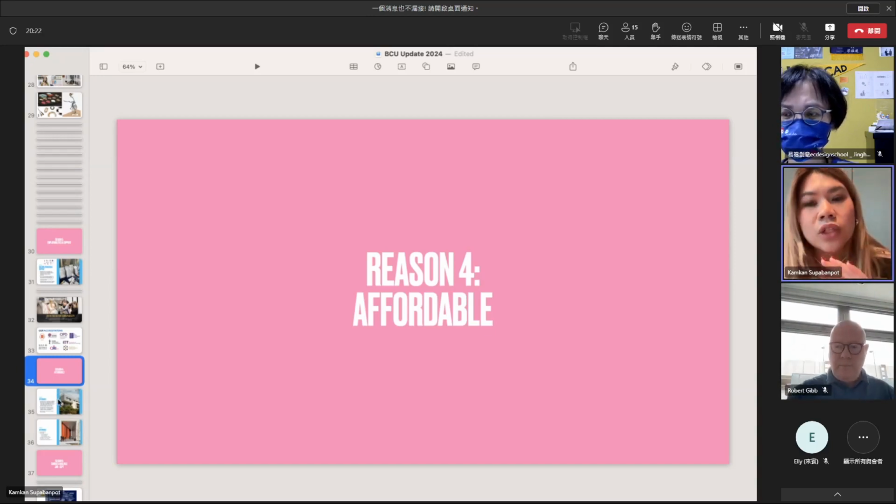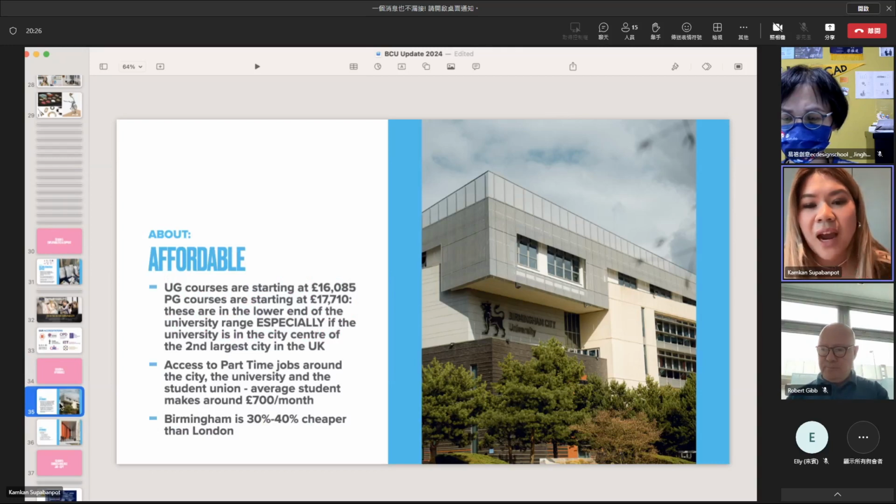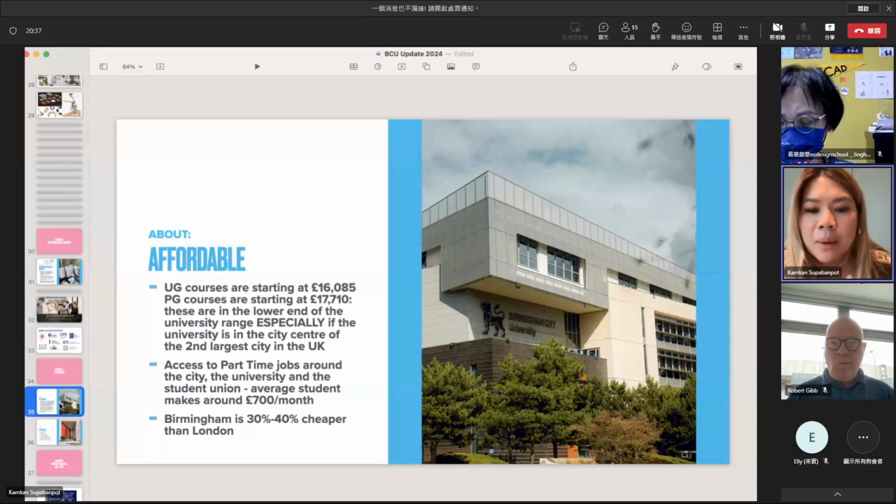So not only the tuition price of the university, but also the fact that you can find part-time jobs within Birmingham. There are so many different businesses, over 45,000 small businesses in Birmingham. But we can also find part-time jobs at the university, and in any shops and commercial spaces in the city as well.